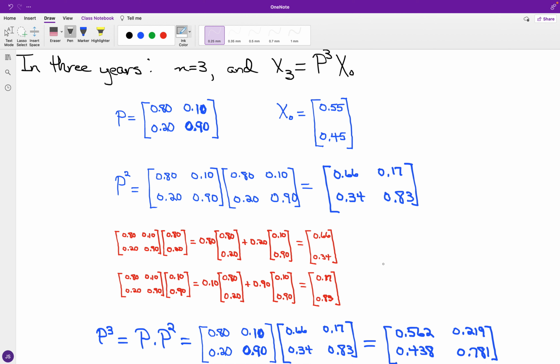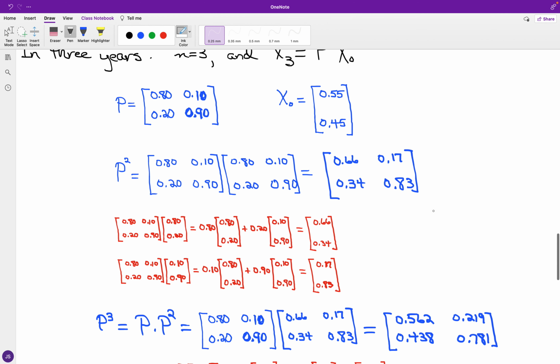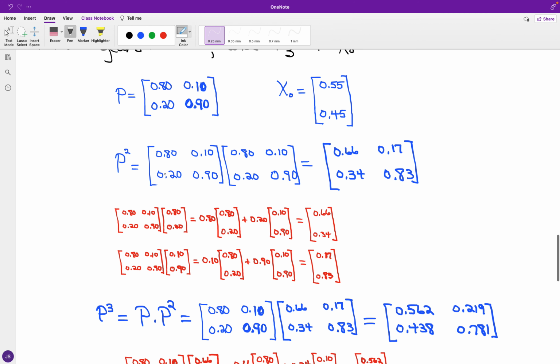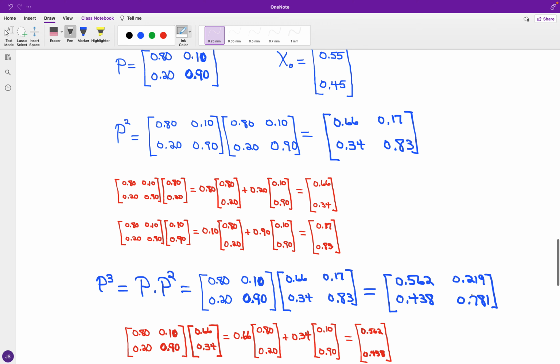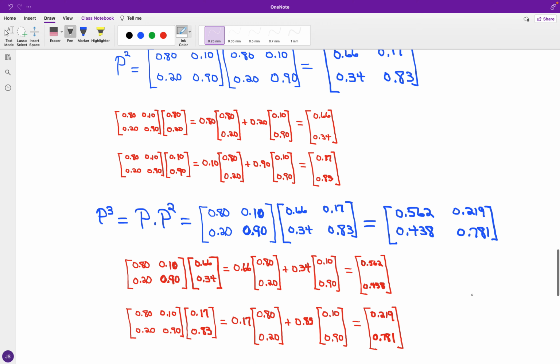For the square, the first column is 0.66, 0.34, and the second column is 0.17, 0.83. Then taking the cube, you can see we have P times P squared, continuing with the same methodology but different numbers in the mix.